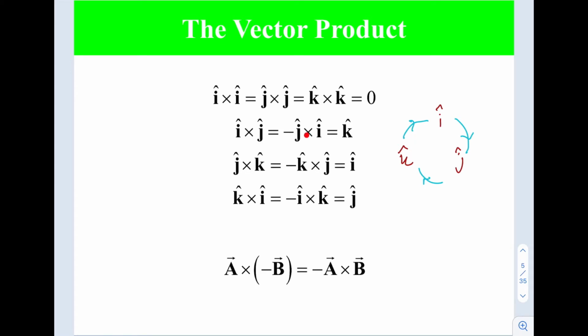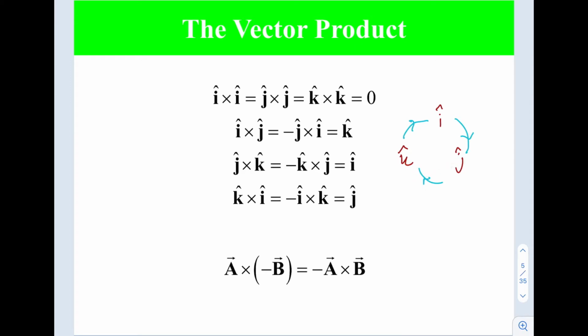I cross j, the answer is k. This is similar to negative j cross i. So remember, we can rearrange so that the last one becomes the first one, provided that we put a negative sign on it. So again, i cross j is equivalent to negative j cross i, which is equivalent to k. So i cross j, the product is k.